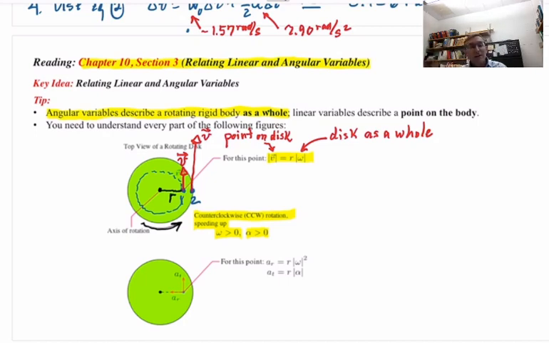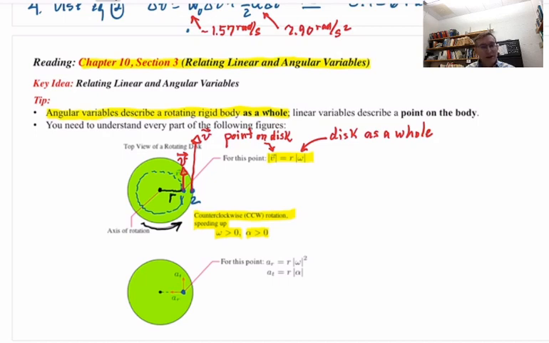Okay, I want to say a little bit about accelerations now. So the second picture is still that same disk and that same point that I started with, point 1, right there. But now it's going to focus not on velocity, but acceleration. Now, this is important. This point, the blue that I've drawn in blue, that's moving in a circle, is not moving with uniform circular motion.